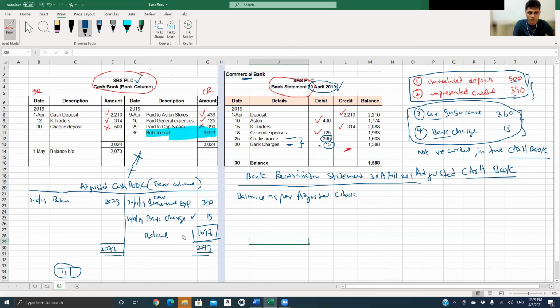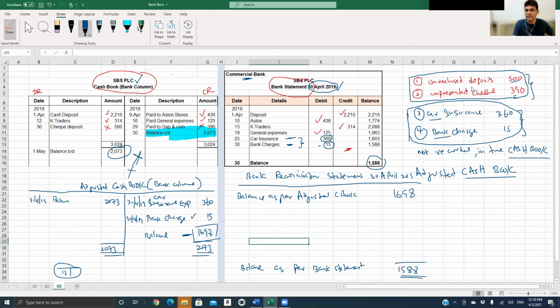How much now? 1698. We don't take this balance. Then we should arrive at what? Balance as per bank statement. So the balance should be how much? 1588.